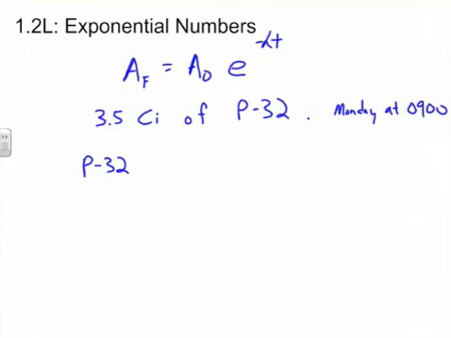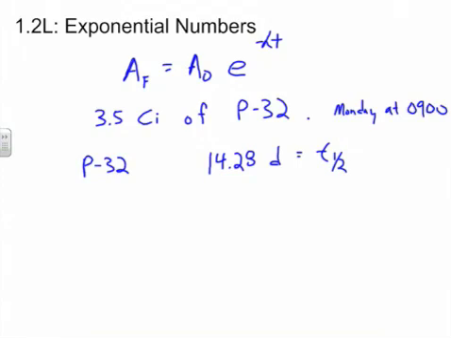And right underneath the symbol P32, you'll find it says 14.28 D, which is the half-life. So that stands for 14.28 days.